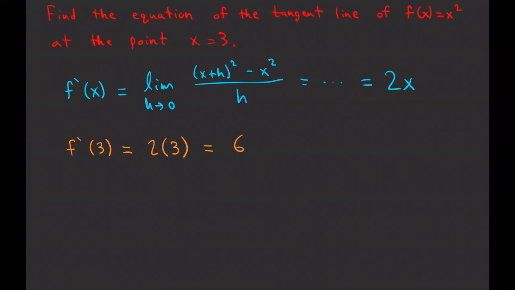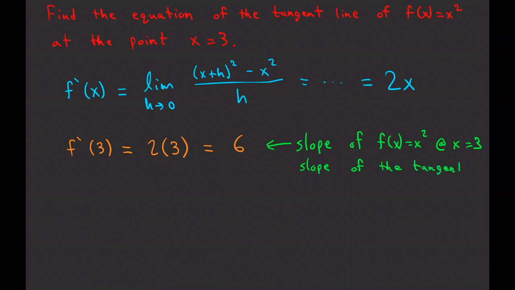And so this right here, this is the slope of f of x equals x squared at x equals 3. It's the slope of the tangent line. Those are the same thing, right? And that's great. So we've got the slope of the tangent line.